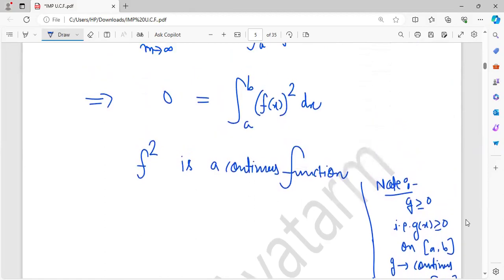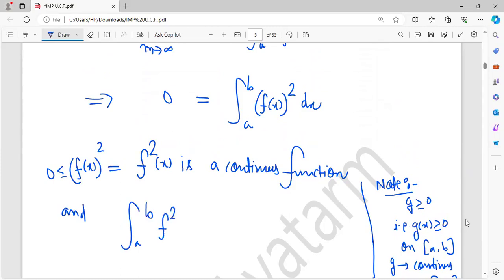Now f square, what is f square of x? f square of x is nothing but f(x) whole square. So this is non-negative, and it is continuous also. So what you have is this relation that the integration is 0, or you can write f(x) whole square, same thing.